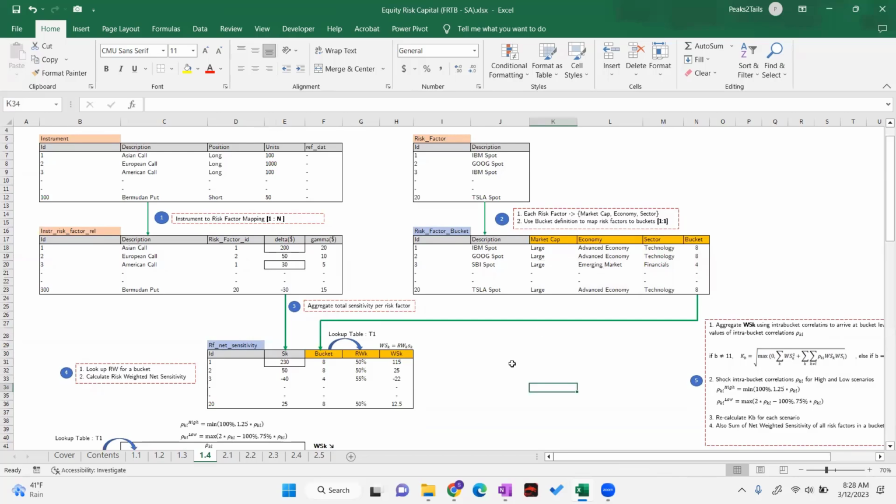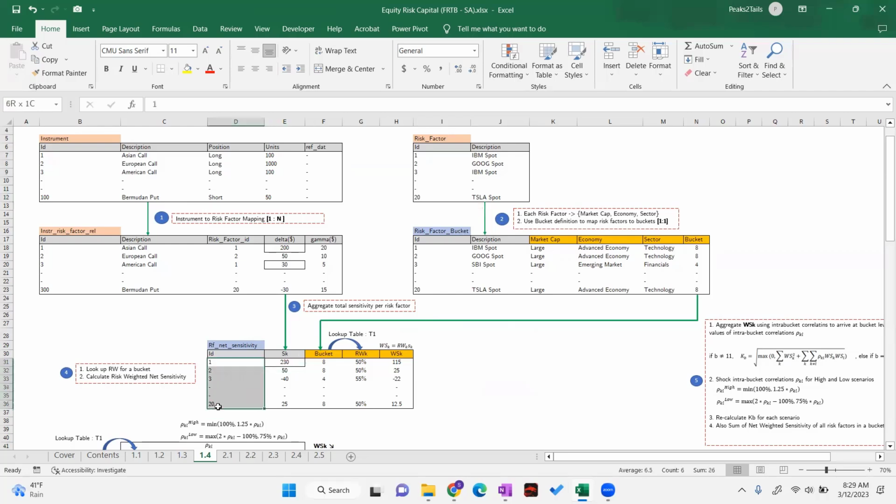Risk factor to bucket. Now, finally, step 3 is we calculate the net sensitivity per risk factor, the total sensitivity. No correlation. Just net sensitivity. How many risk factors do we have? 20 risk factors in this example.